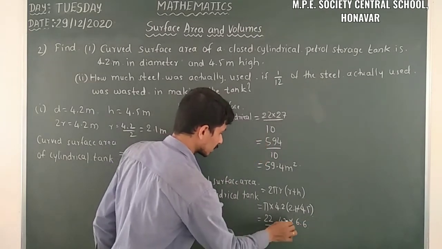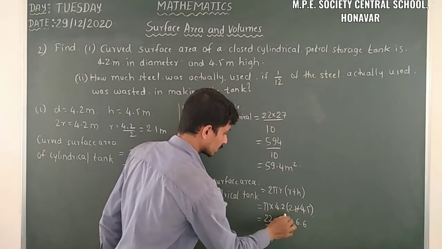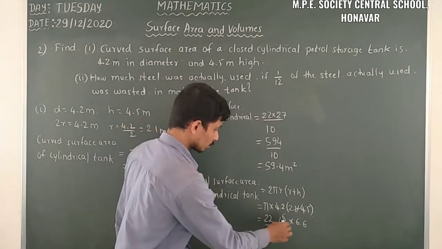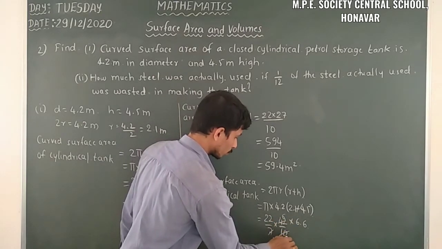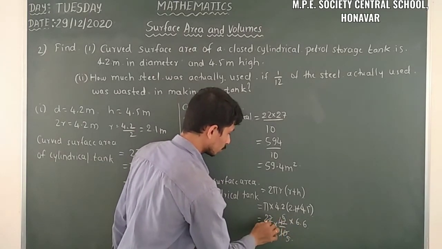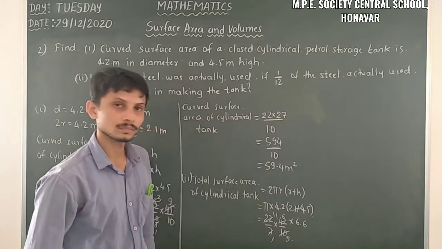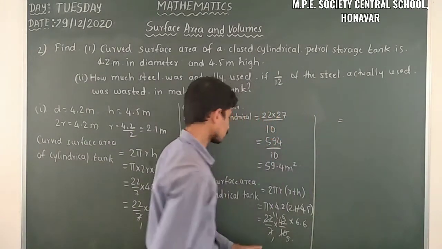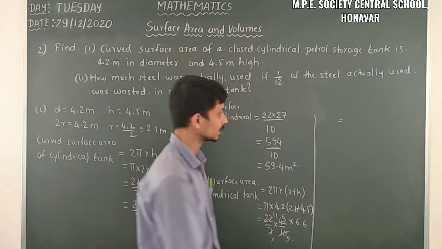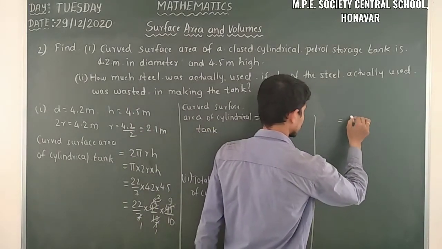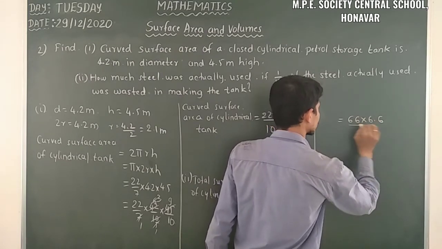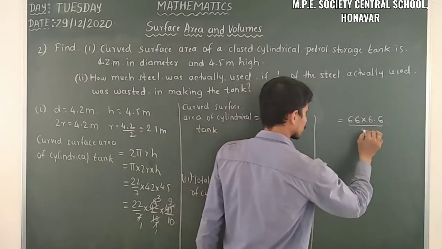Here you can cancel out 6, then 2 into 5 and 2 into 11. Just observe 11 into 6, 66 into 6.6 divided by 5.